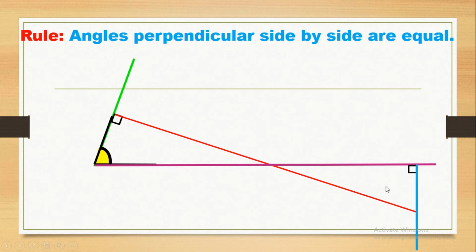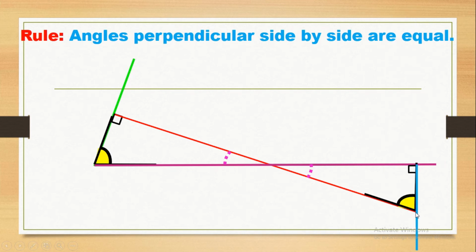We now have in this figure two right triangles. These two angles are equal to 90 degrees. We also have in this figure a shape X, so we have vertically opposite angles that are equal. Now can't we say that the third angle here is equal to this third angle?